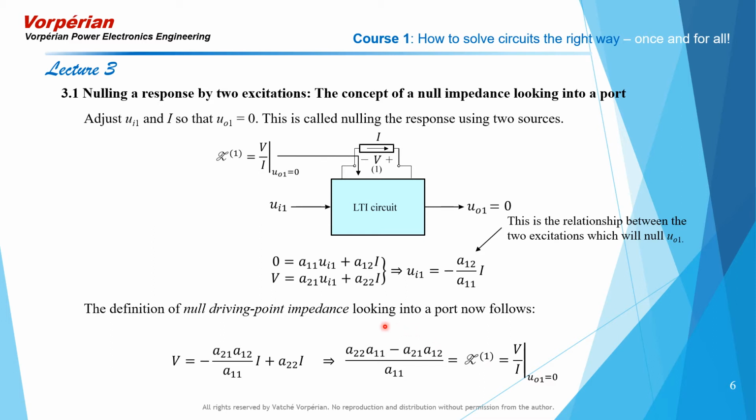As you can suspect, this is some kind of determinant, and it can be a huge determinant depending on the complexity of the circuit. It's something that you're not going to have to do. It is going to be like doing the algebra on the circuit diagram. And that is the importance of the null impedance looking into a port of a network under conditions of a particular response of that network being nulled.